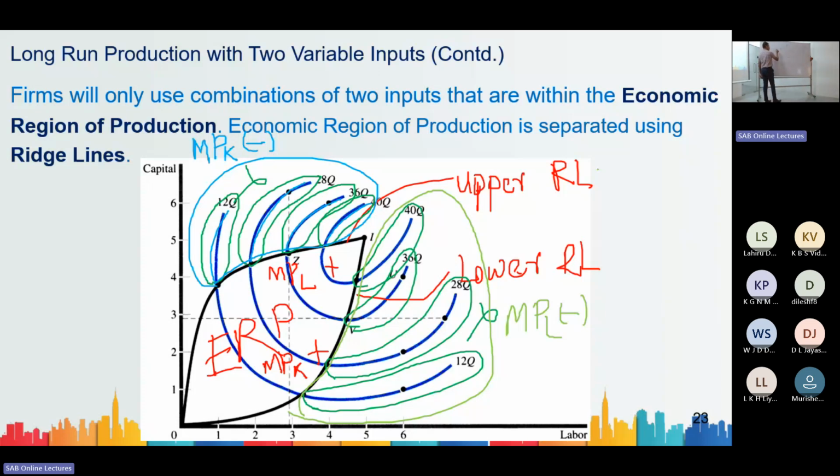What can we tell about the slope at these points? If we draw a tangent line to these points, they are vertical.